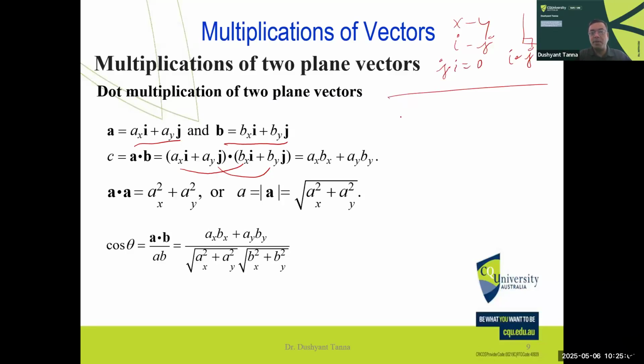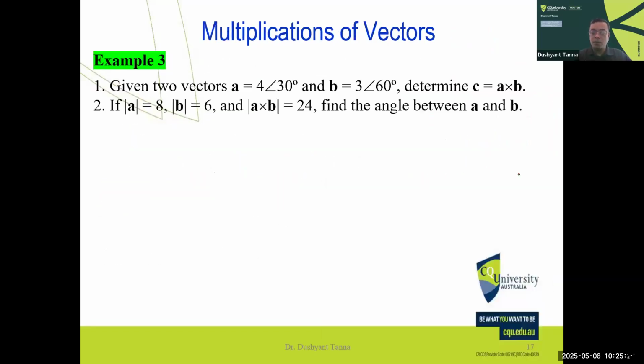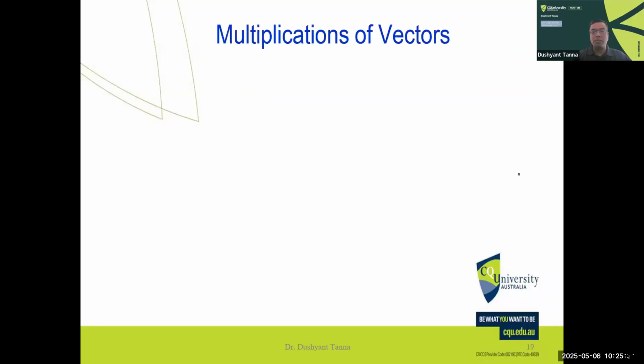So what would have happened? Vector A dot vector B. What we have is AXi + AYj dot BXi + BYj. How would that work? AX BX i dot i. Oops, went too fast.